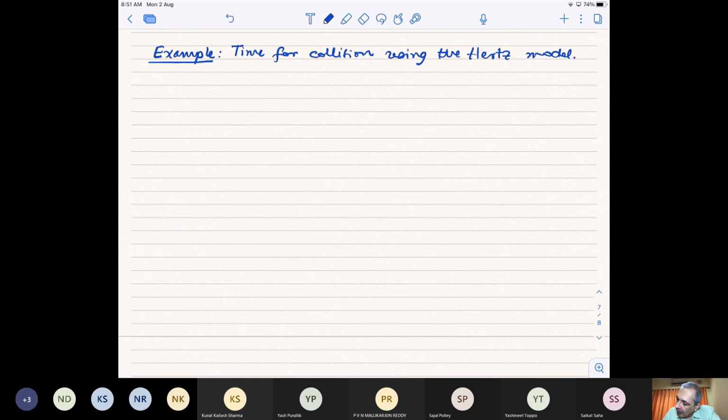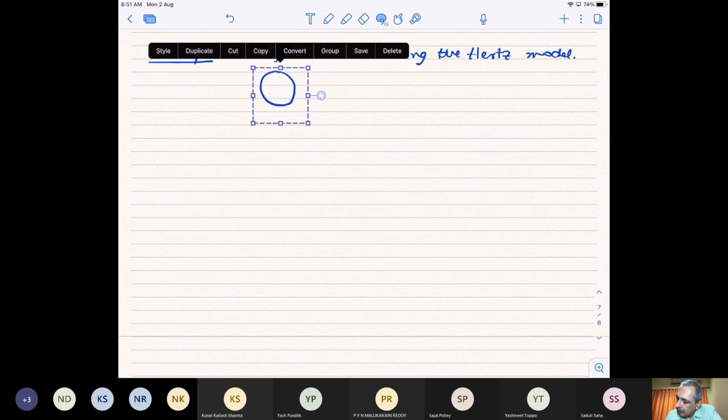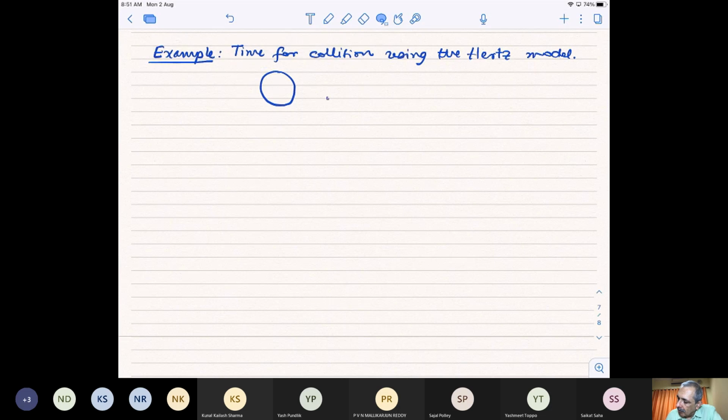Okay. So in the Hertz model, what it says is that, let's say we have two particles, and they're colliding.